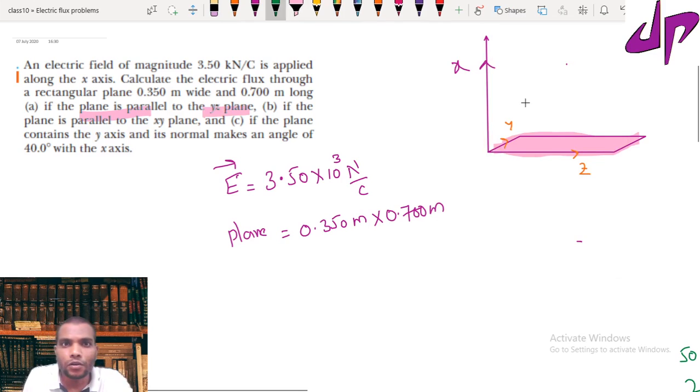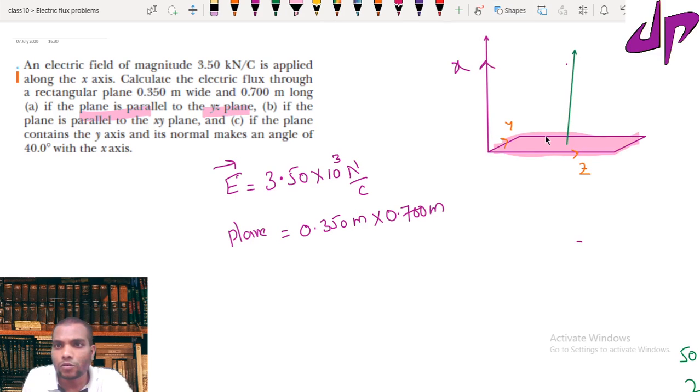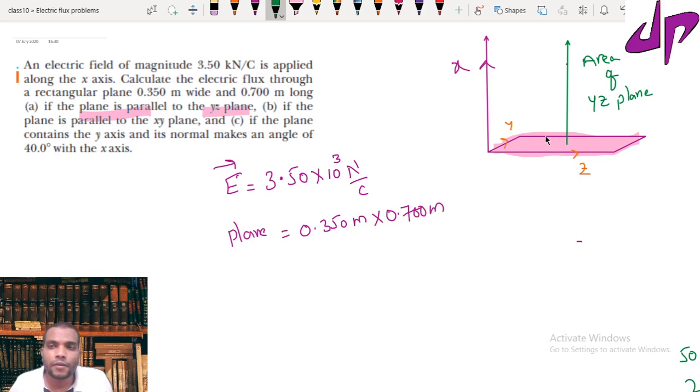If I draw a unit vector in this plane, this is the area vector of the YZ plane.